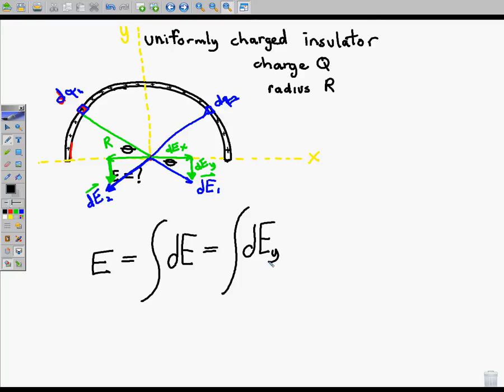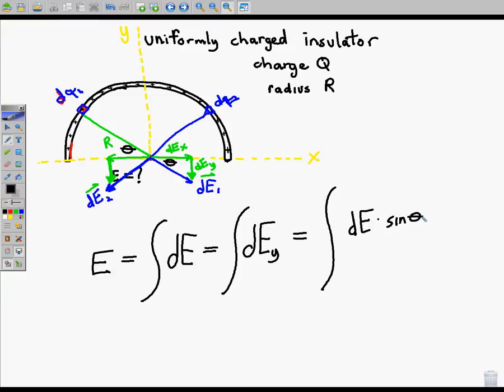But what can I substitute in for dEy? Well, that's just the sum of all of the dEs times sine theta.